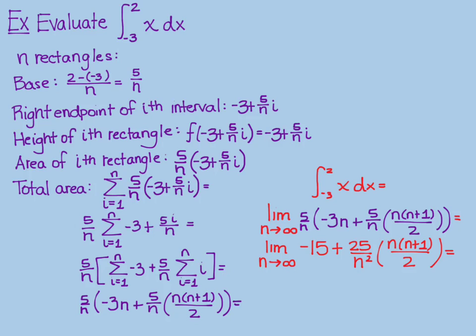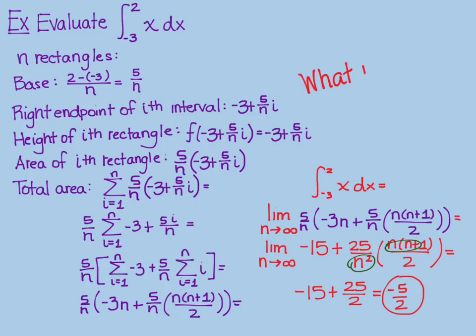If I distribute the 5 over n through, I get negative 15 plus 25 over n squared times n times n plus 1 over 2. And we see that negative 15 still goes to negative 15, and in the second part, the degree in the top is the same as the degree in the bottom, so the leading coefficients, 25 and 2, are the answer. So we're left with negative 5 over 2.